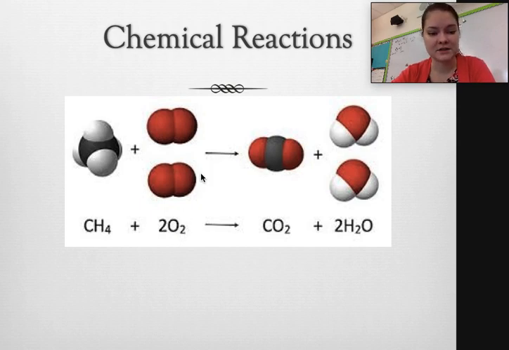Here I've got 2 O2, this 2 indicating that I have 2 of the molecule, and then O2 the molecule meaning that there are 2 atoms of oxygen present. Okay, all right, so start with 1 carbon, 4 hydrogen, have to end with 1 carbon, 1, 2, 3, 4 hydrogen, and then the 4 oxygen atoms that are coming from the molecular oxygen are going to then be found in carbon dioxide and water.